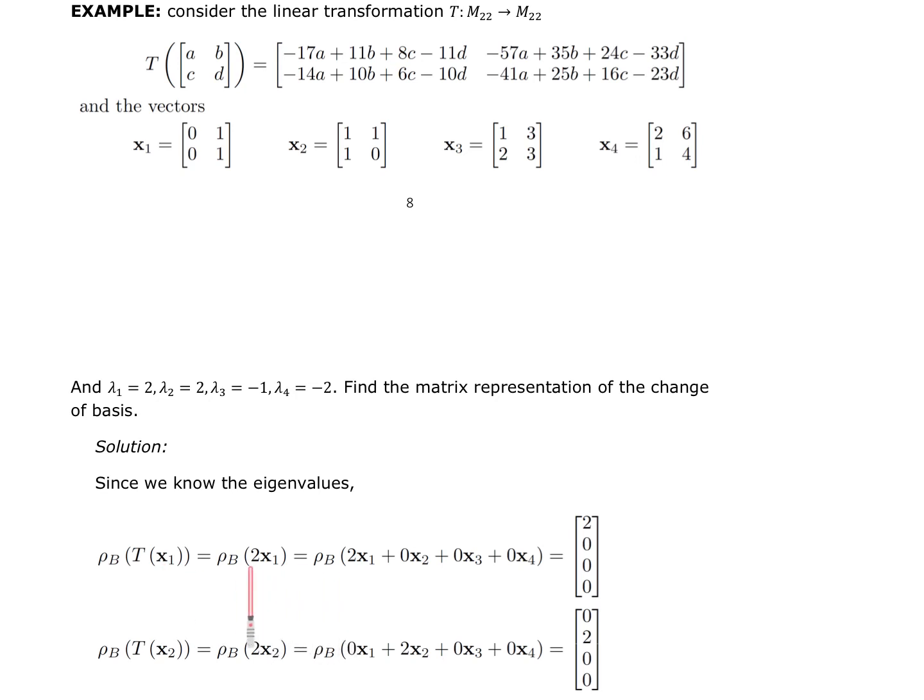We know the eigenvalues, so the linear transformation T of x with respect to B is basically the vector representation with respect to x sub 1, which is lambda 1 times that x sub 1, which is just this.